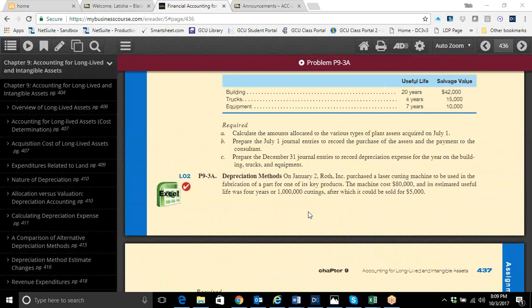Okay, and in this case, they tell us 4 years. So when you do that, it's 80,000 minus the 5,000 divided by 4 years, and that's going to give you your annual depreciation cost. Okay, so when you're breaking it out annually, just divide it by the number of years you have. Does that make sense? Okay. All right, straight line's the easy one, right?